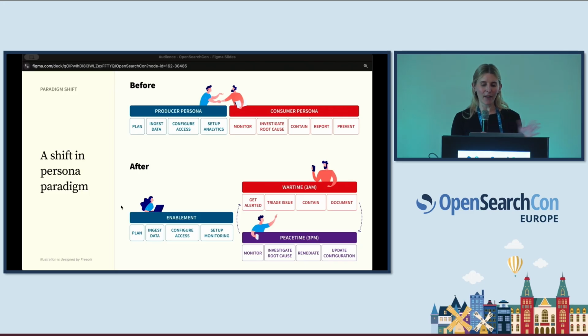And then we have this other workflow that we call our 3 p.m. workflow. It's more of a cleanup the next day, or it's proactive, but it's more like a cleanup of what happened yesterday and how can we monitor, how can we prevent this from happening in the future.